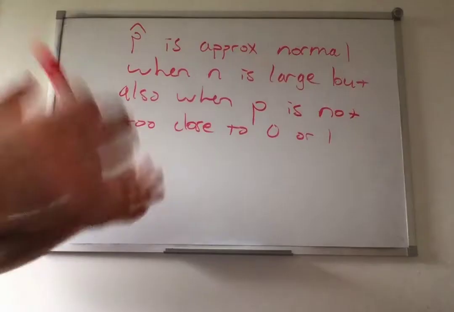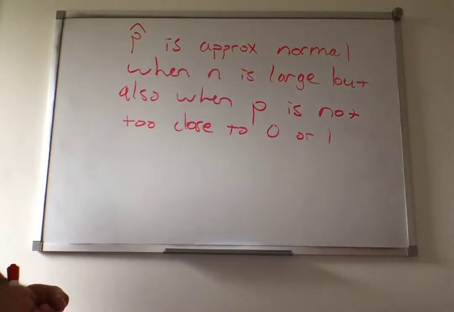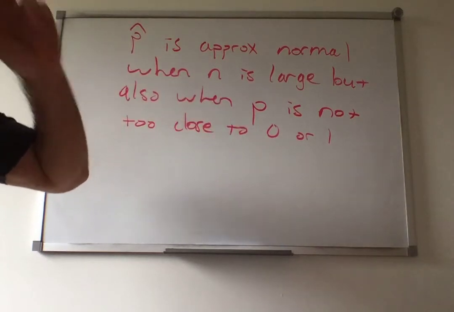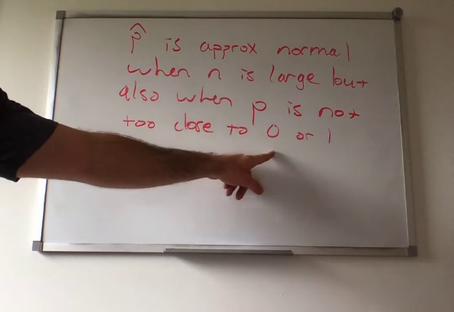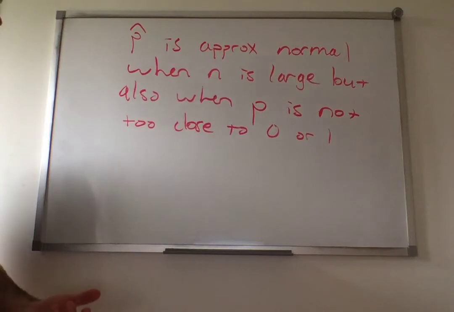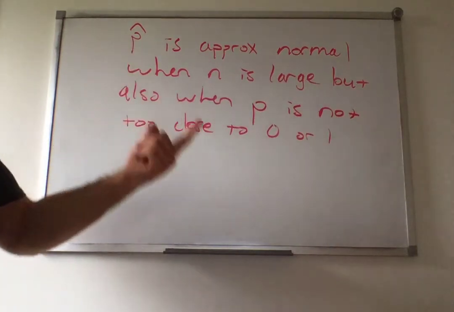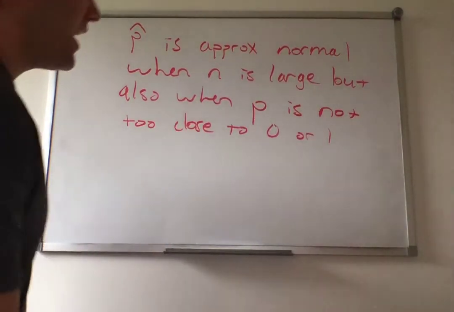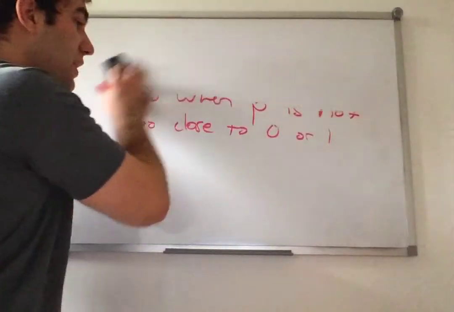So if you had a room full of people who were non-smokers, and let's say there were 100 people there, and only one of them was a smoker, the proportion of smokers in that room would be 0.01. That's really close to 0. So we can't use this if the population proportion is really close to 0 or really close to 1. Other than that, the work is essentially the same. You get your population proportion, you find your standard deviation, you plug everything into normal CDF, and get your probability.